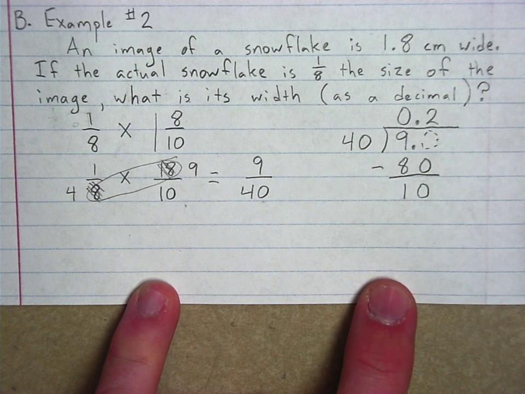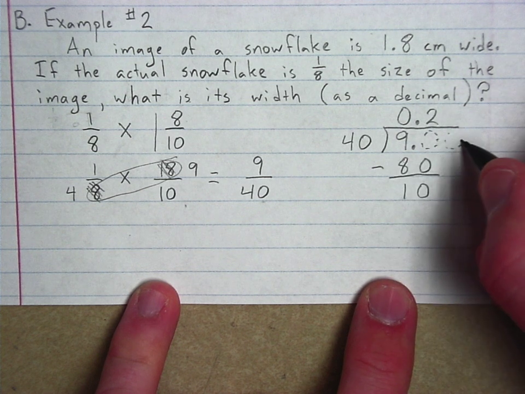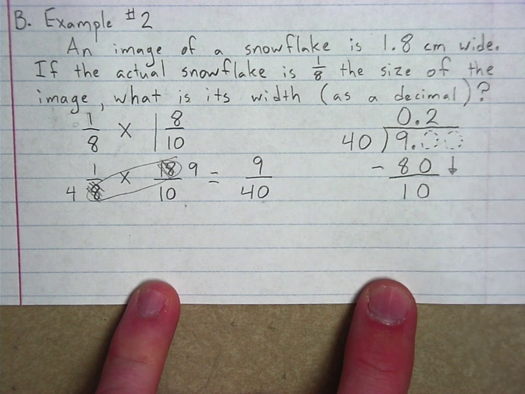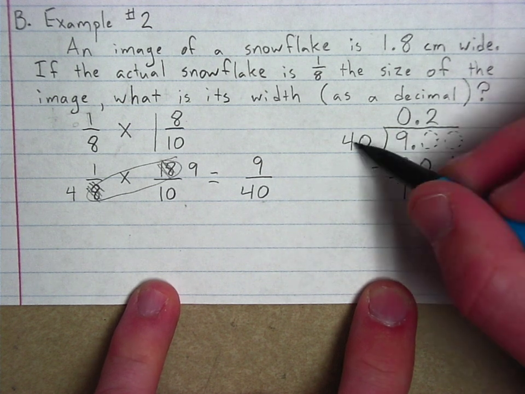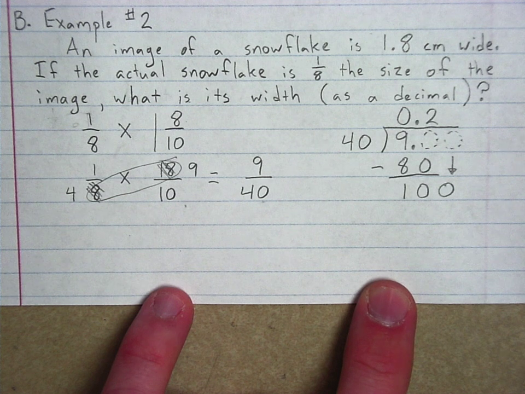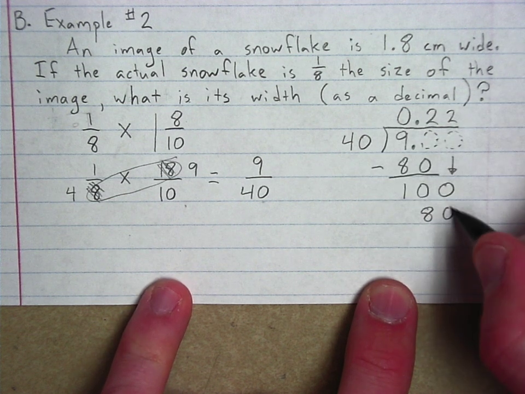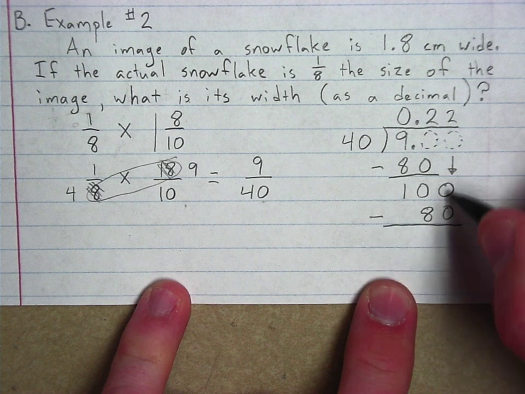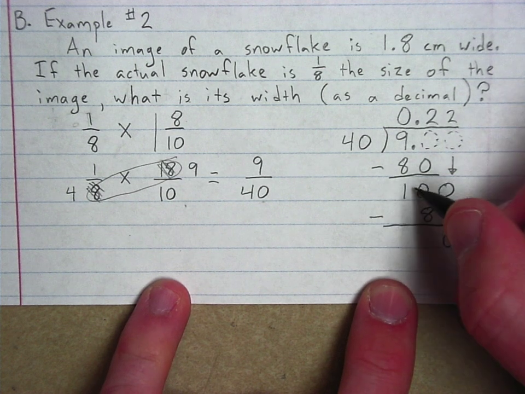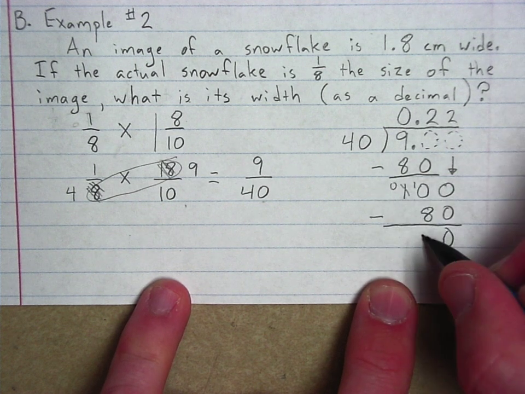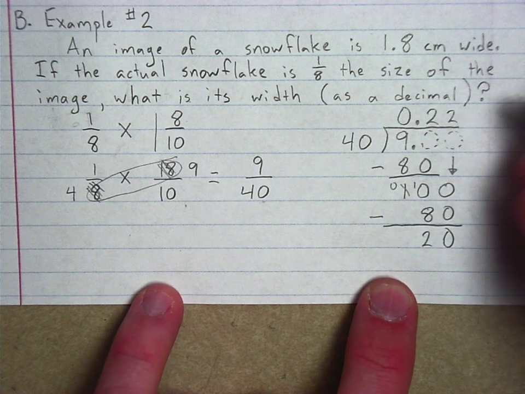Okay, doing all right so far. Let's bring down another invisible 0. 40 will go into 100 twice. 2 times 40 is 80 again. At least we're getting something a little bit different. 10 minus 8 is 2, so now we have 20.